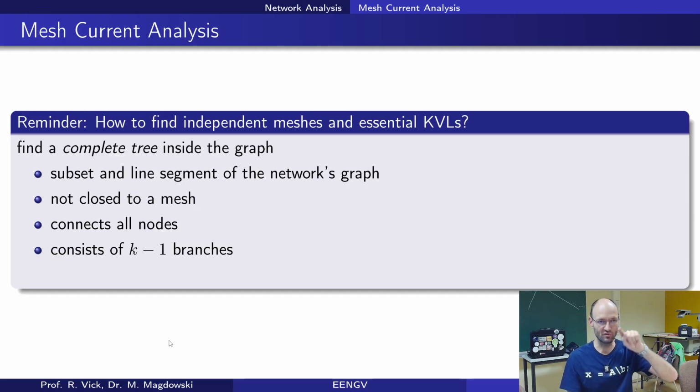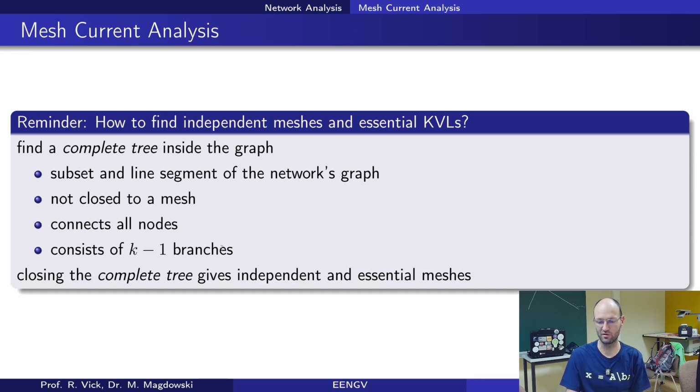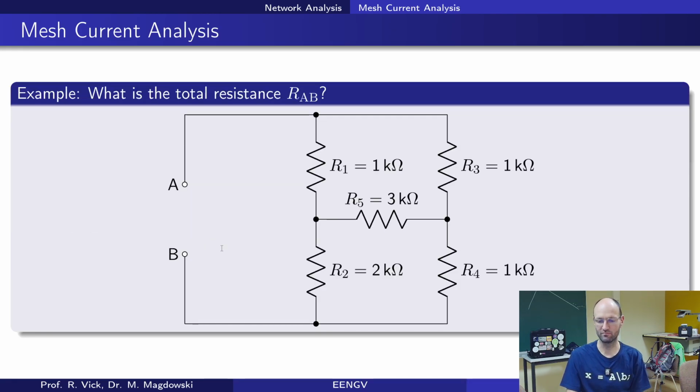And then by closing this tree over the remaining branches, we find the essential meshes of the network. If k was the number of nodes, then we get k minus 1 branches inside this complete tree, and we get a certain number of essential meshes. Okay, this is what we also did last week.